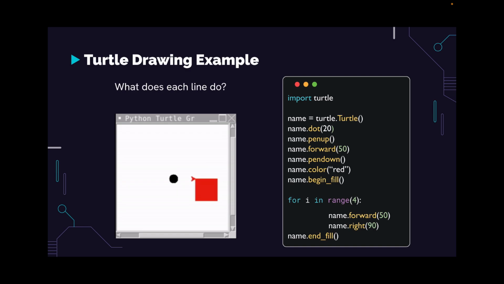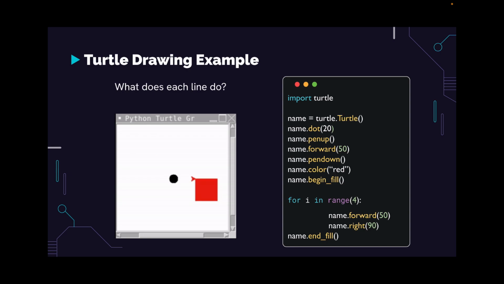So over here, we have an example of code, and we are using this to show you guys some of the functions that we just covered. So think about what each line does, and I'm gonna go over what each line of code does. So first we have our import turtle statement, which imports the turtle library.